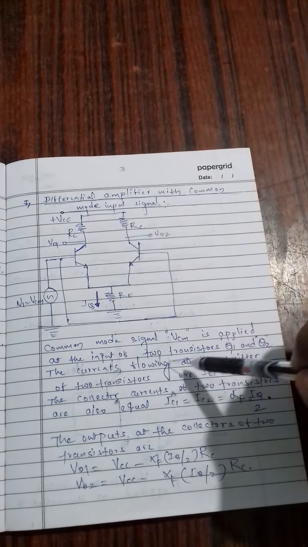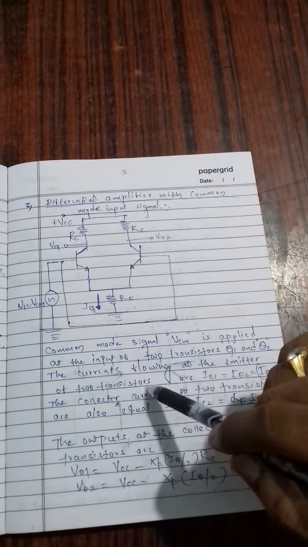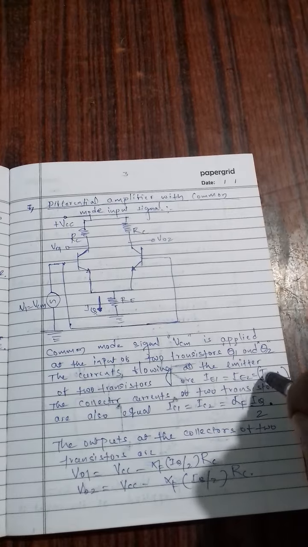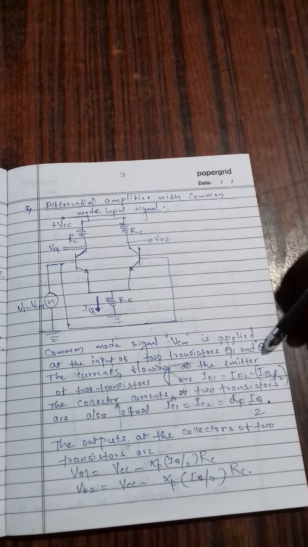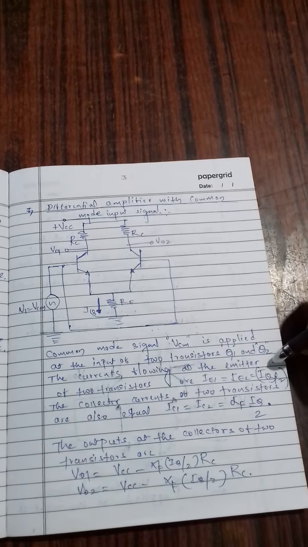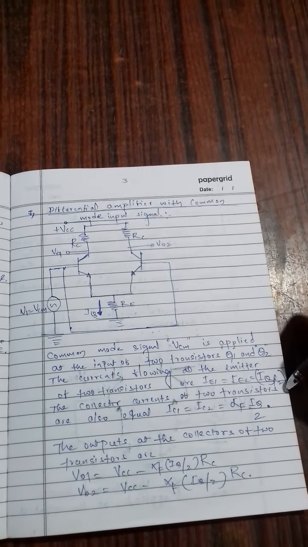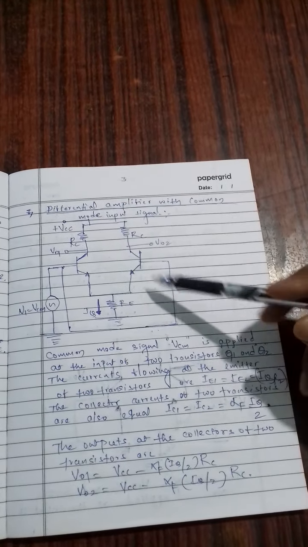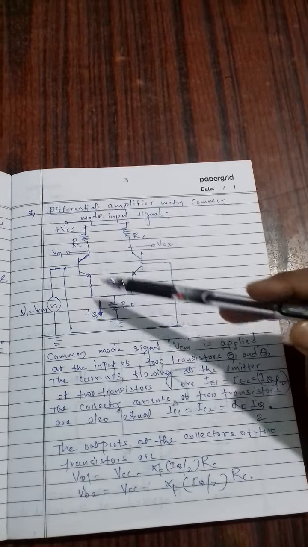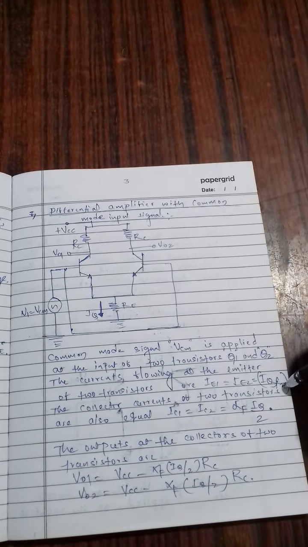The currents flowing at the emitters of the two transistors are IE1 equal to IE2 equal to IQ upon 2.